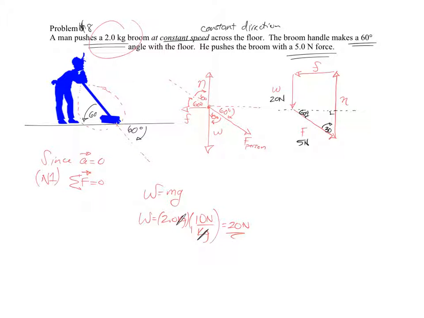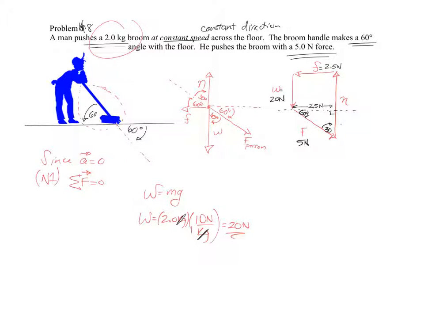So that means the shortest side of that 30, 60, 90 right triangle has to be 2.5 newtons. That's this side here. Nope, that's not that side. Sorry, I'm wrong. It's this side. So from here across is 2.5 newtons because that side is opposite my smallest angle, right? So that means the friction has to be equal to 2.5 newtons.